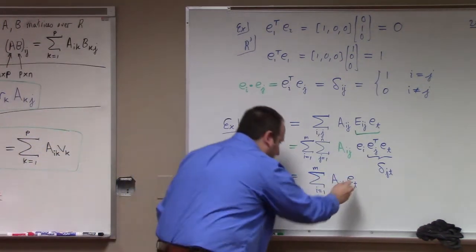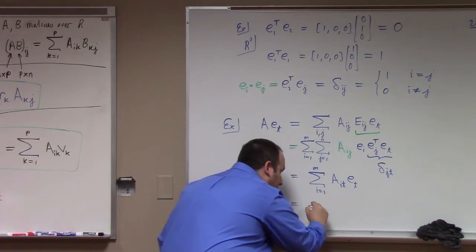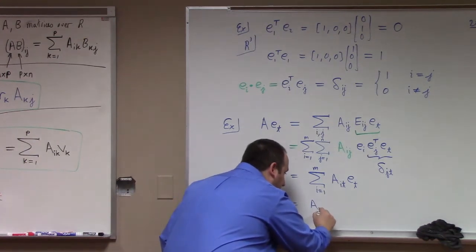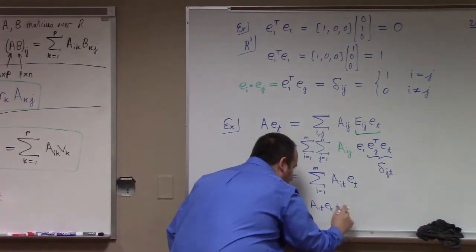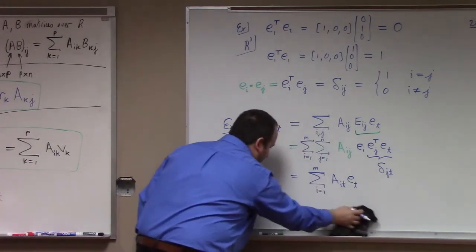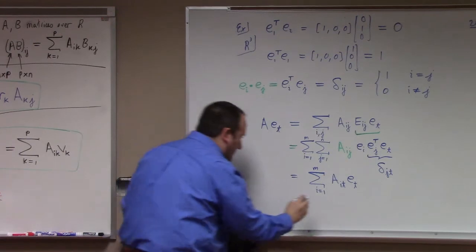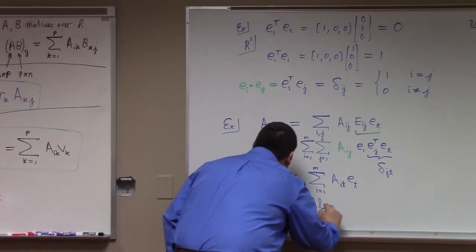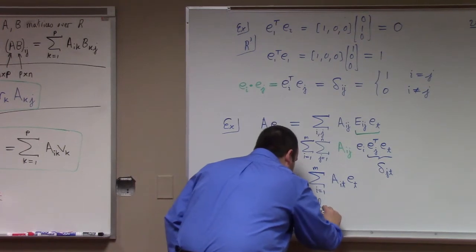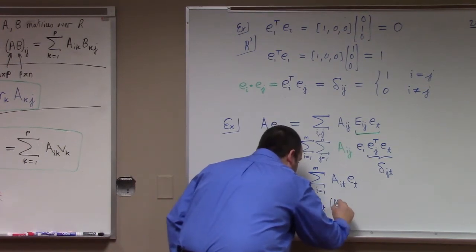This right here, folks, is A1 T E T plus, let me just, I'm out of space, but that is exactly column T of A.